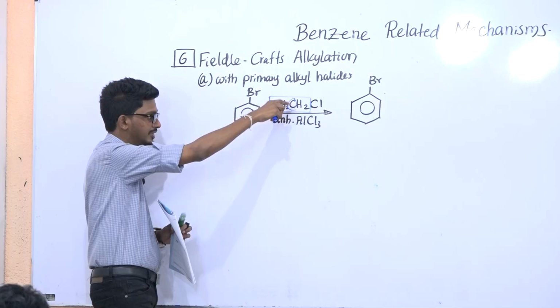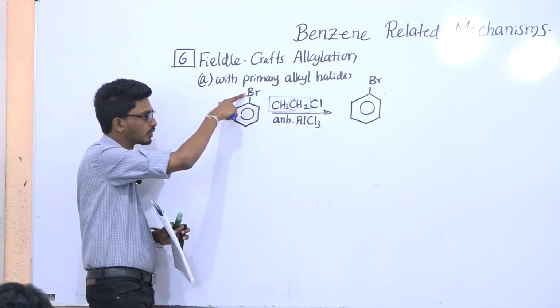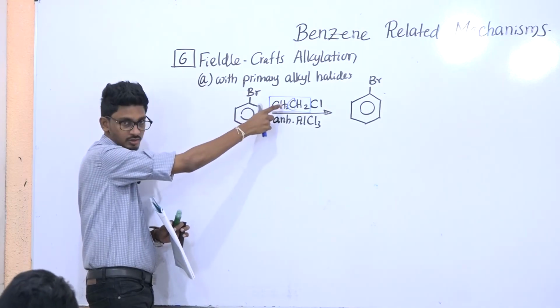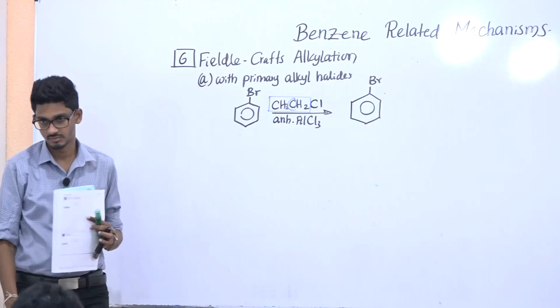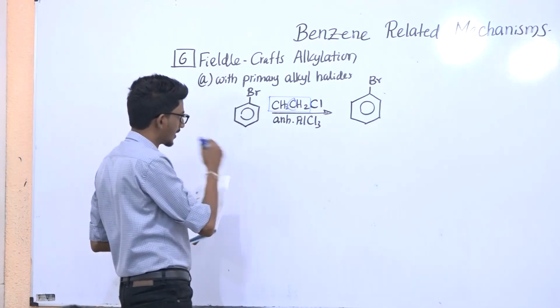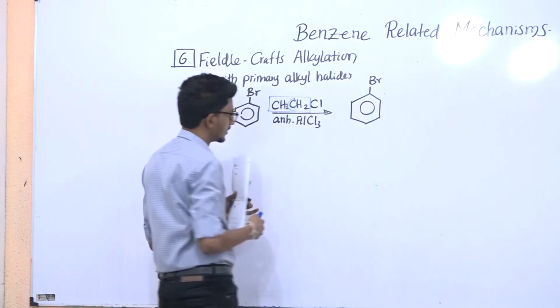Some specific positions are directed by this one. This guy is an ortho-para director, so you can connect this one to the ortho position or the para position. As they have not mentioned any specific position, ortho or para, you can come up with any. So I'll connect it to the ortho.